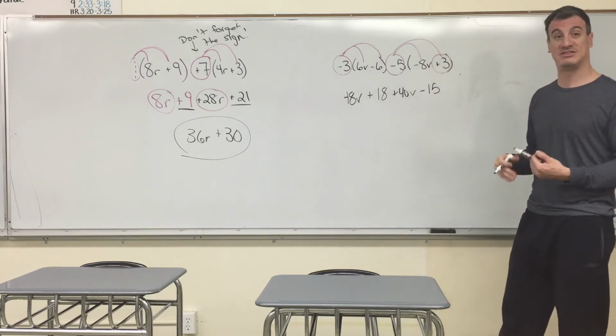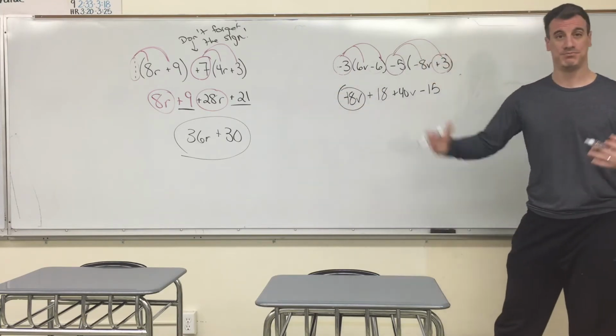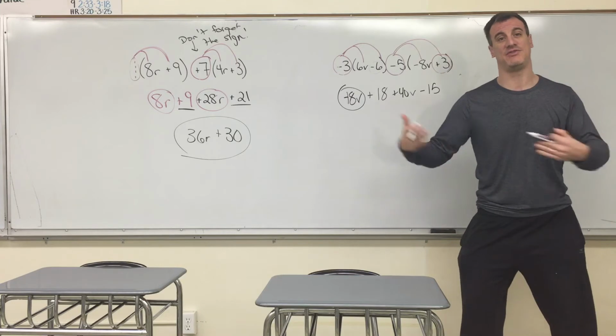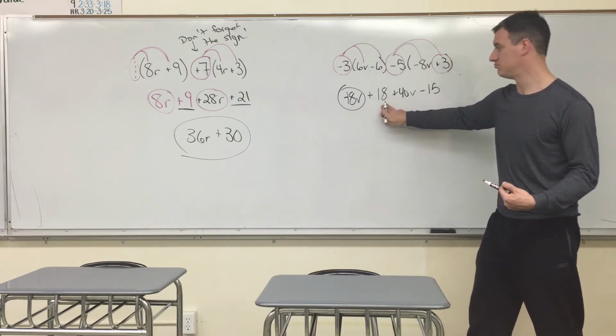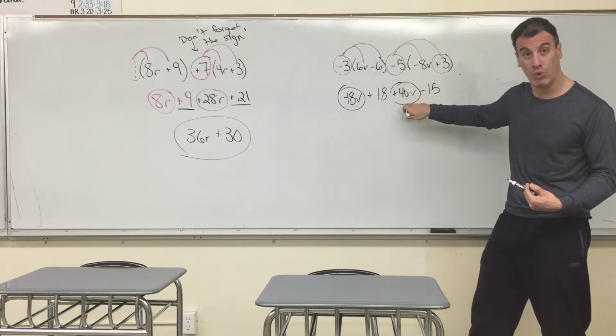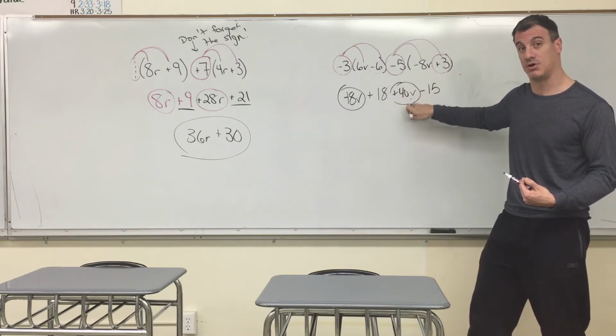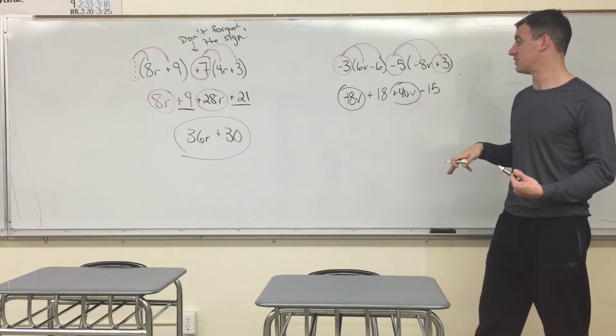Now I'm on my step to combine like terms. I just like to start at the beginning and go through the list. Is there anything that I can combine with this? Negative 18v, that's a constant. There's another variable term with the exact same variable, exact same exponent. Negative 18 plus 40.